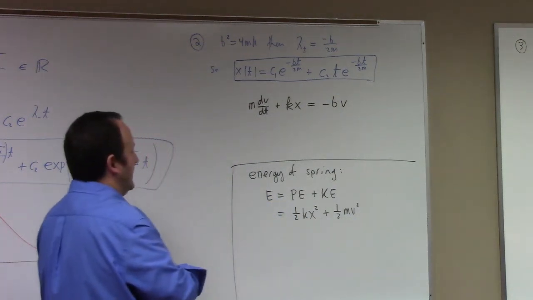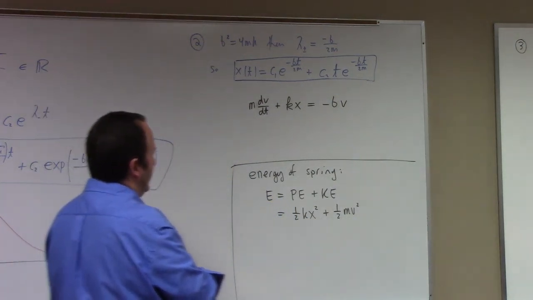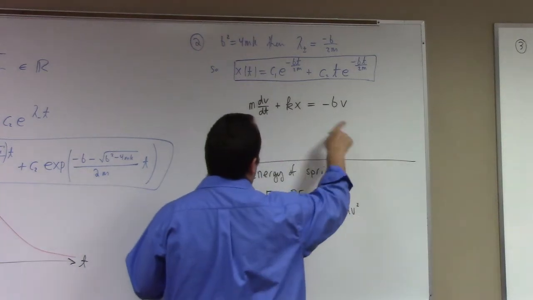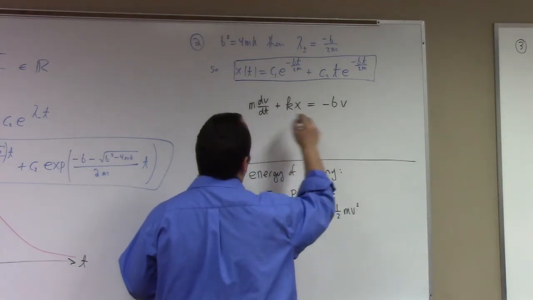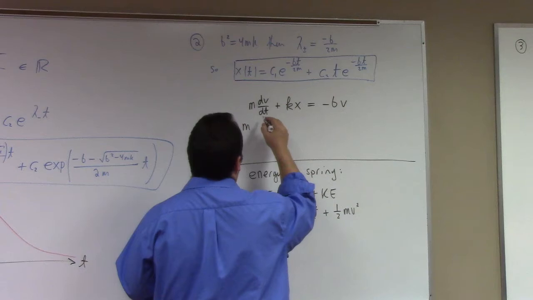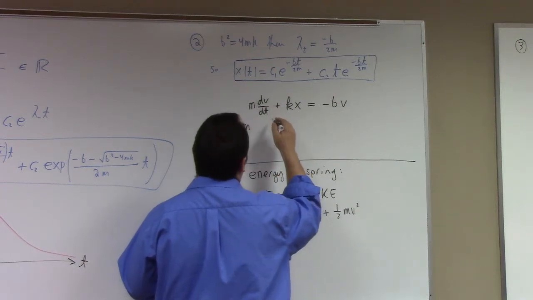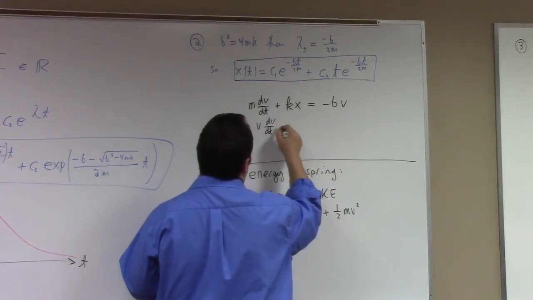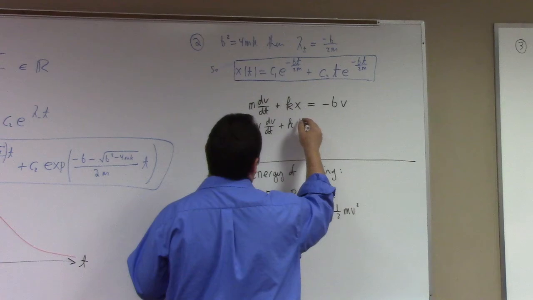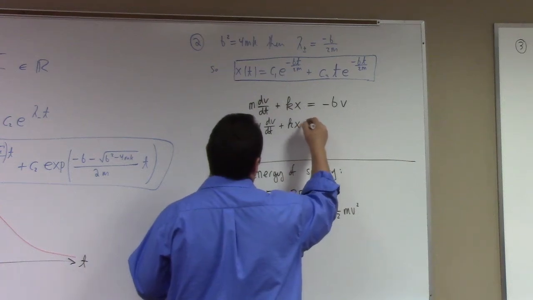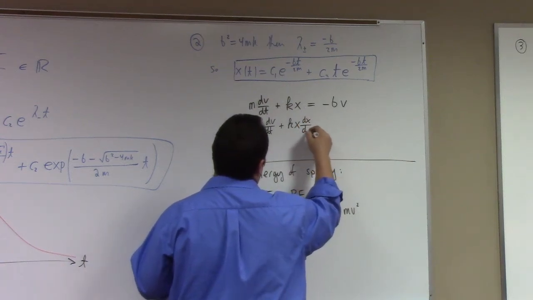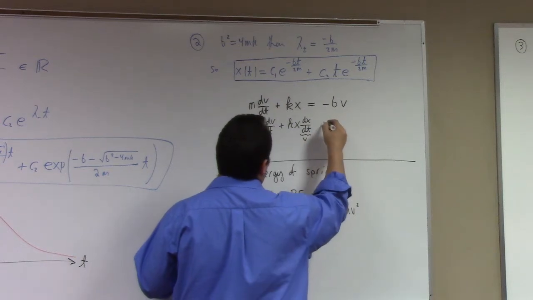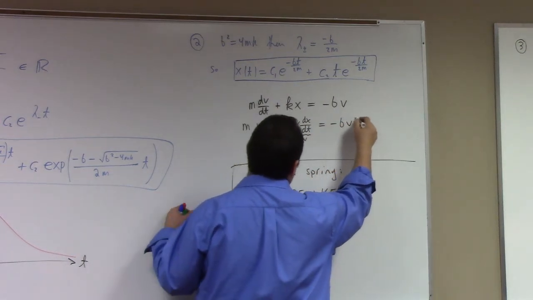So if I take that and multiply it by v, I've got m v dv/dt plus k x dx/dt, dx/dt is v, equals minus bv squared.